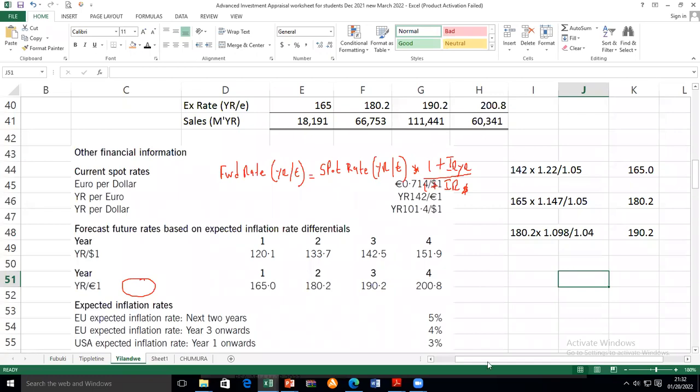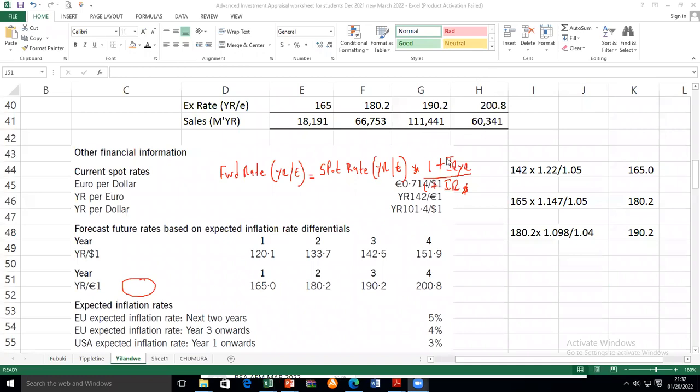Are we okay, people, now? So this is how we calculate. This is how we do our computations. That's how we get the forward rates from the spot rate.